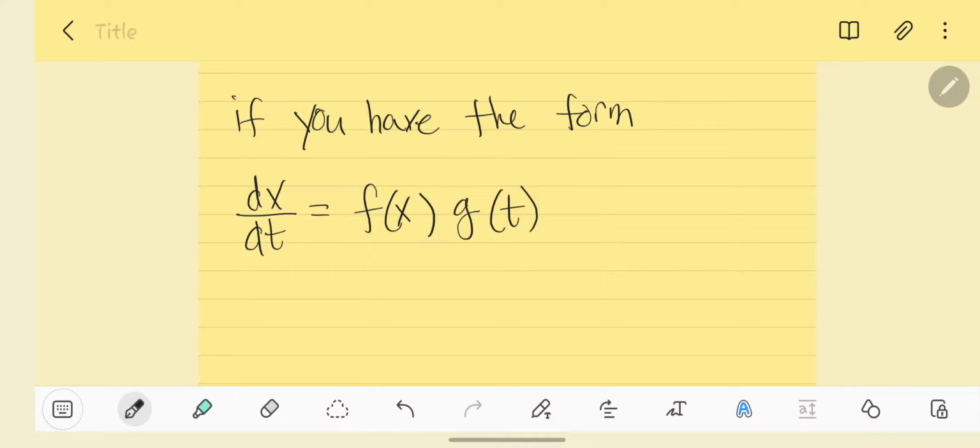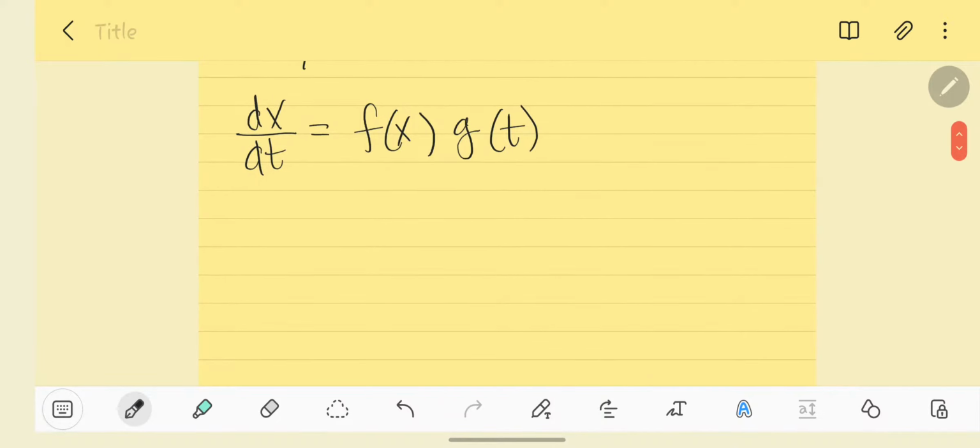Now that is a variable separable equation because you have a derivative on the left side and then you have the function of x and then a function of t on the right side. So for example, the equation is dx over dt is equals to x squared times t.